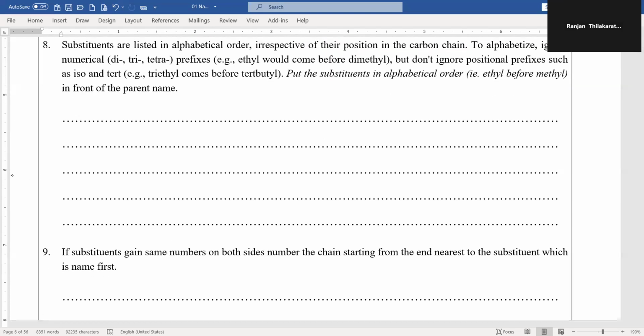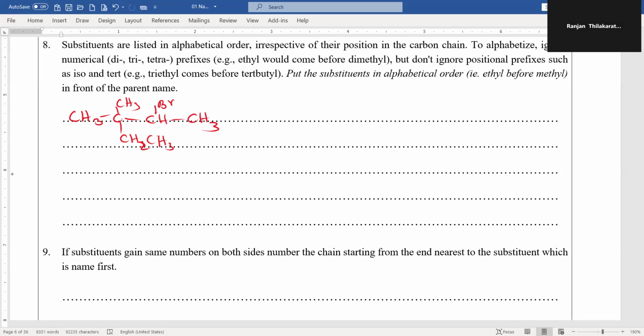So now you can write the names of these compounds. Say you have CH3, CCH3, and here CH2, CH3, and then CHBr, CH3.